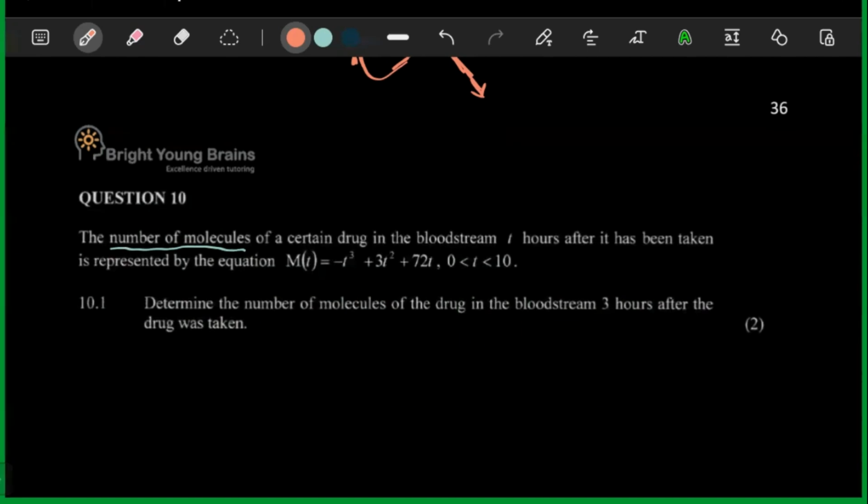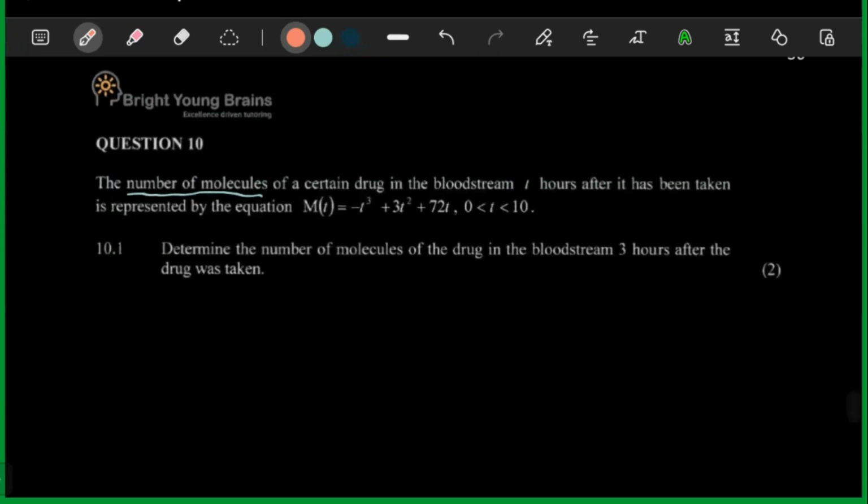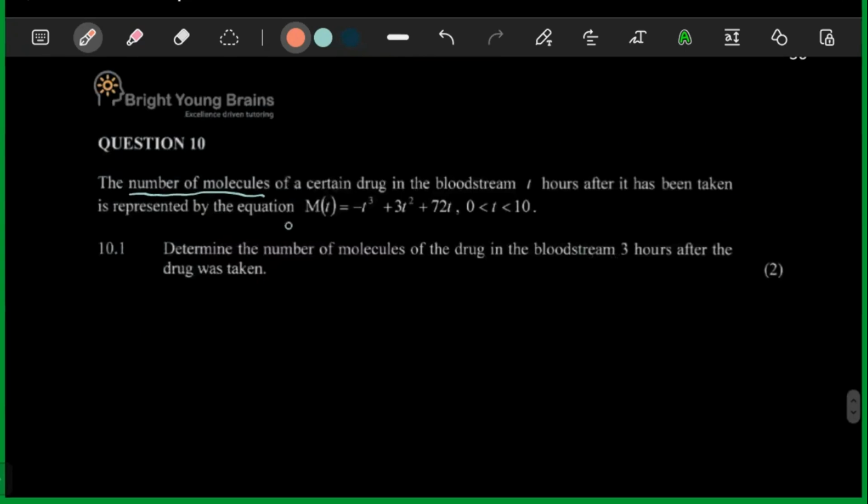So before we answer these kinds of questions, you need to know exactly what your equation gets you. Fortunately, this equation is a bit straightforward. If you give it time, it's going to give you the number of molecules in the bloodstream. That makes sense, right? So I am putting the 3 hours in the T, because they're asking for the number of molecules in the bloodstream 3 hours after the drug was taken.